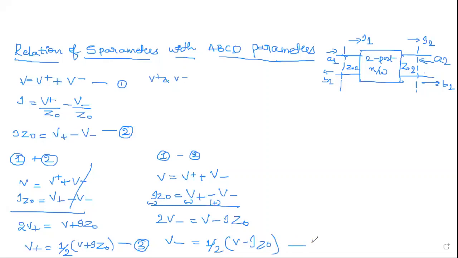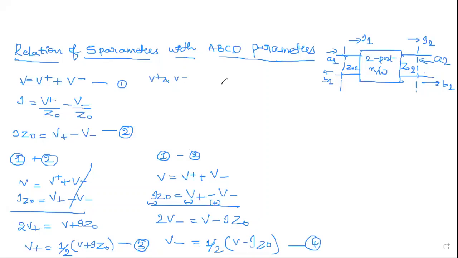Consider it as the fourth equation. See, first, write down the incident voltage, write down for current, write the equation in terms of I Z naught, consider it as equation 1 and equation 2. Add these two equations, you will get the value of V plus. Subtract these two equations, you will get the equation in terms of V minus, which is half into V minus I Z naught, and the other one is half into V plus I Z naught.